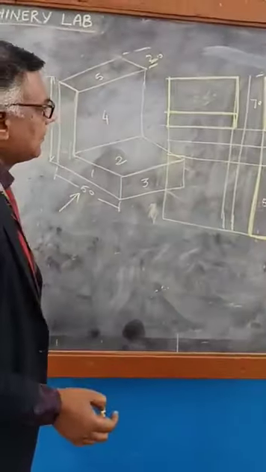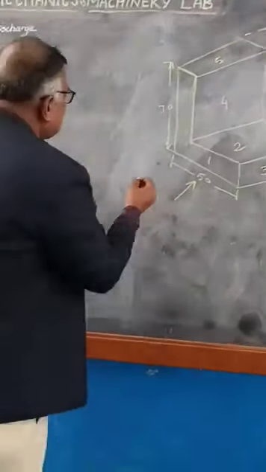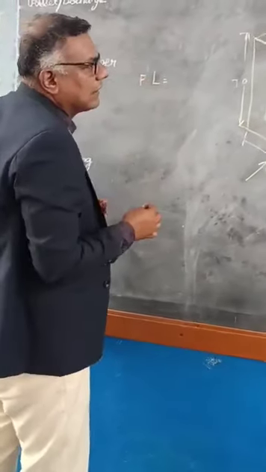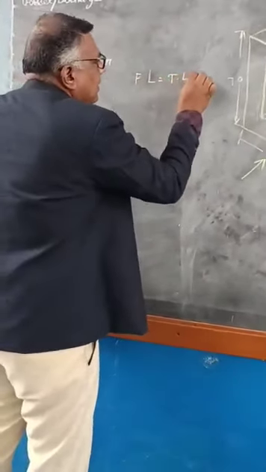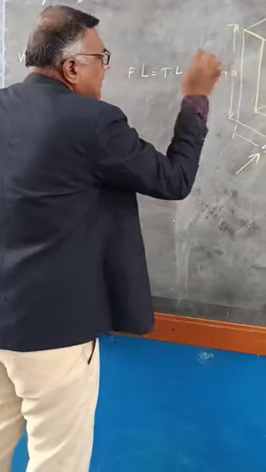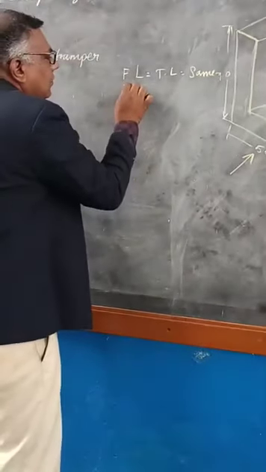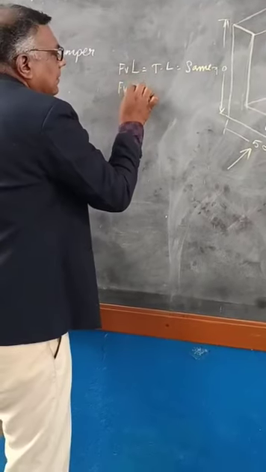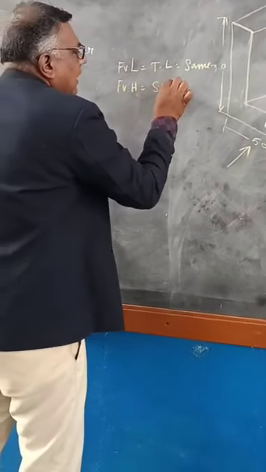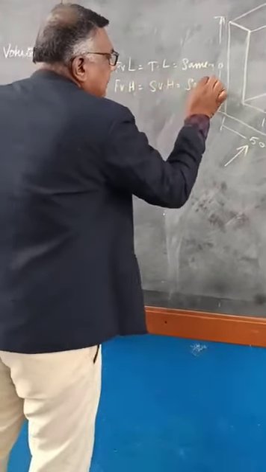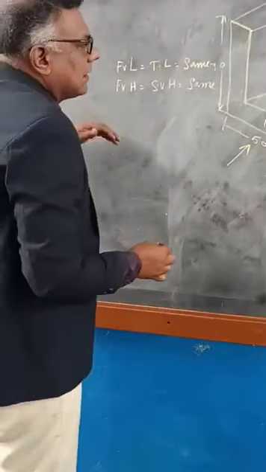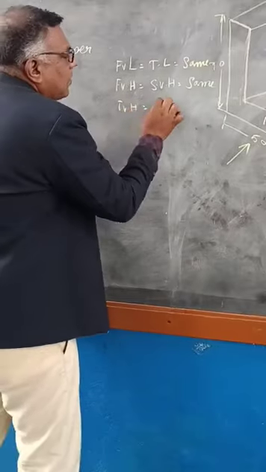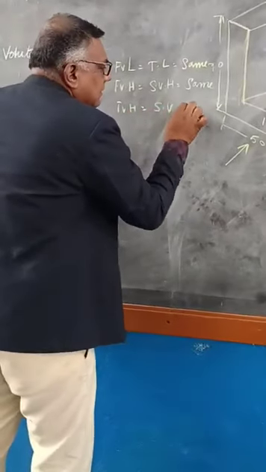Okay. So for any diagram, just to conclude here: front view length and top view length are the same, right? Front view height and side view height are the same, right? Next, the top view height is equal to the side view length.